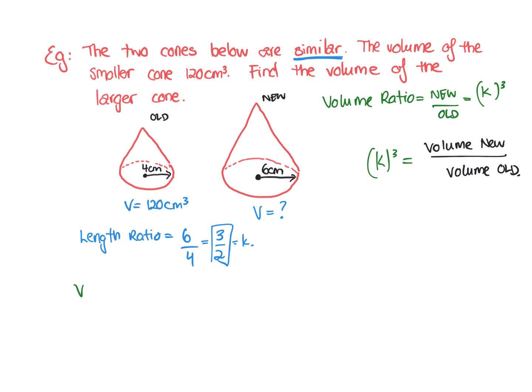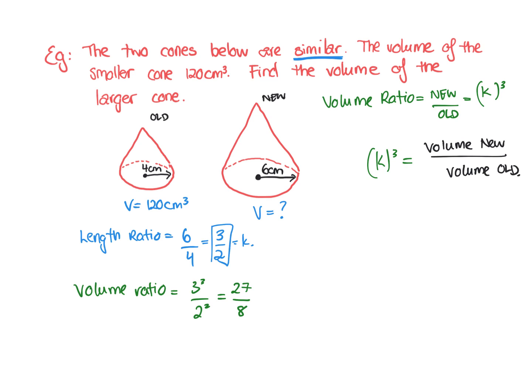So if I want to find the volume ratio, what I've got to do is cube those numbers. In the last few ones, the bottom number was always a 1. Now this one's got a 2. Doesn't matter, you do the same. So 3 cubed is actually 27 and 2 cubed is actually 8.